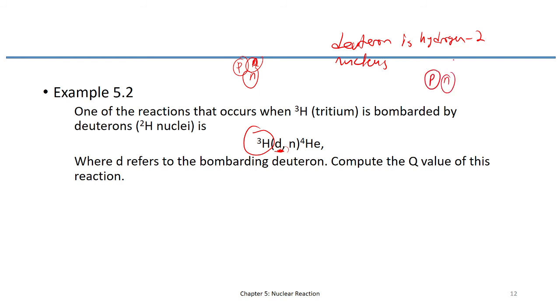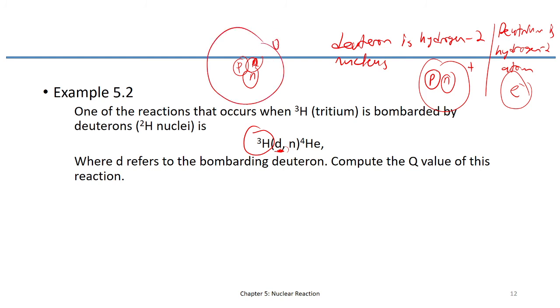Deuterium is the hydrogen-2 atom. The difference is that this one is with an electron and this one is without an electron. That means the deuteron is positively charged, while tritium is neutral.